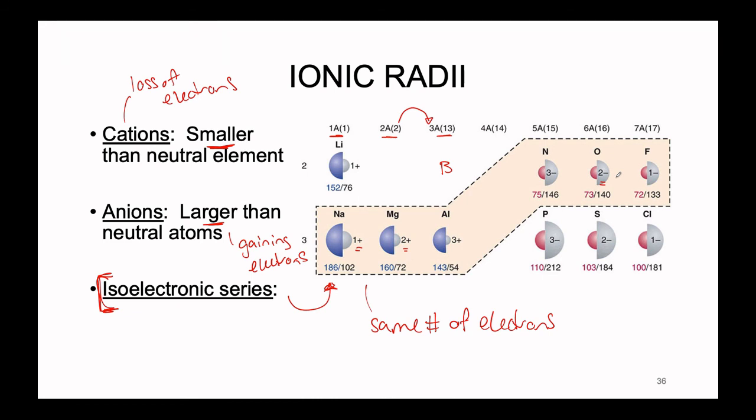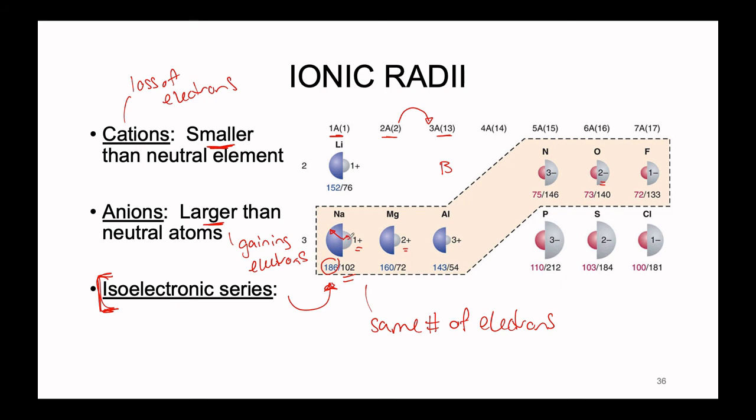Each of these species has 10 electrons inside of the peach box. What these numbers in blue correspond to is the natural or neutral size of the element, and we can see as sodium has lost an electron, it has lost size. So it has a smaller atomic radius now. This is also what is being symbolized with the illustration up on top, where the blue half semicircle corresponds to the natural element, with no ionic charge.